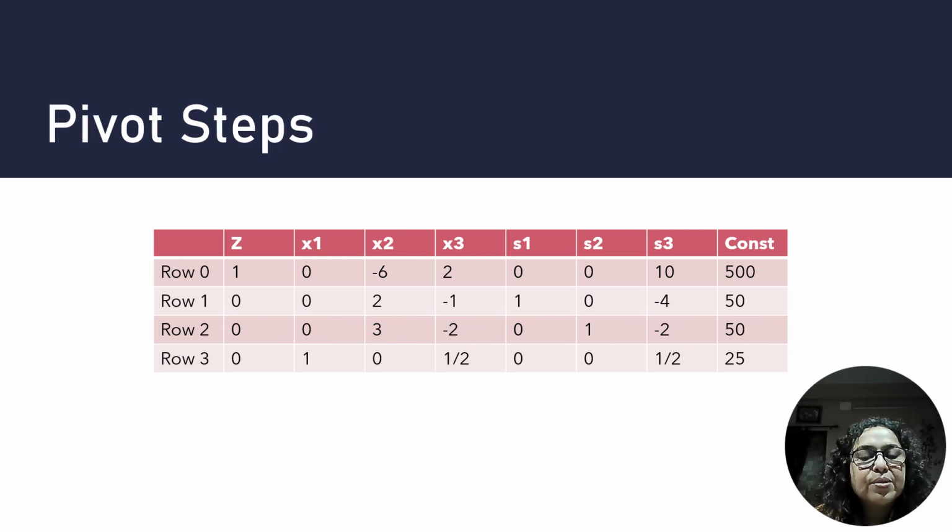What we do is we divide this by 3, as we have already found out our incoming variable. We have divided it by 3 and we get this step.